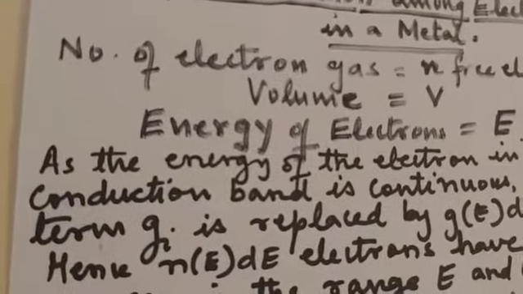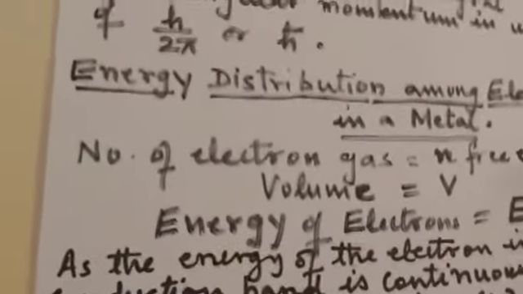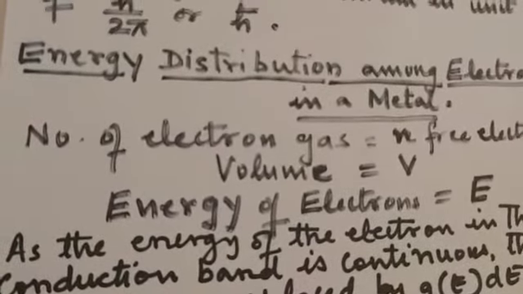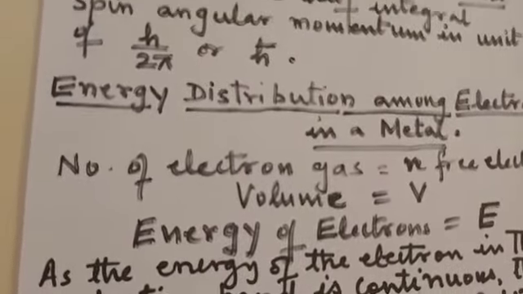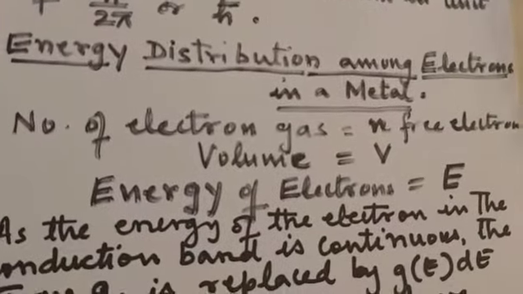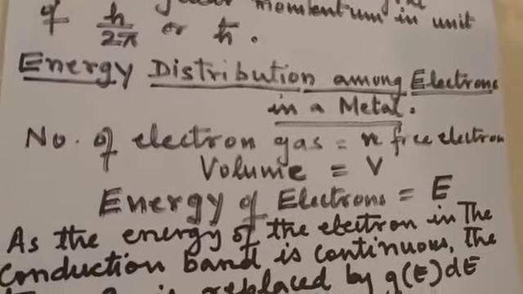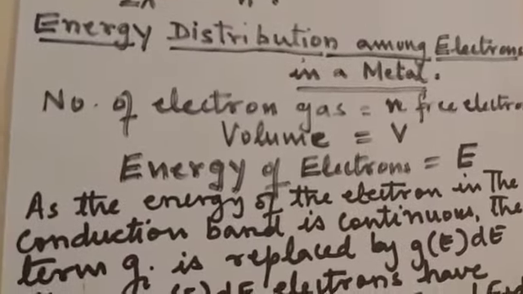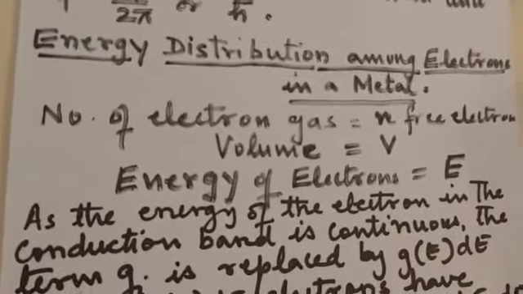Practically at all temperatures, the lower level of energy bands are filled with electrons. The upper level energy bands are only partially filled with electrons. The distribution of electrons is to be considered only in the upper bands, which we call conduction bands.